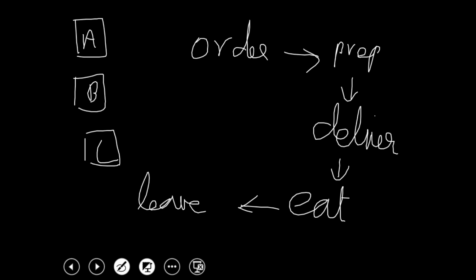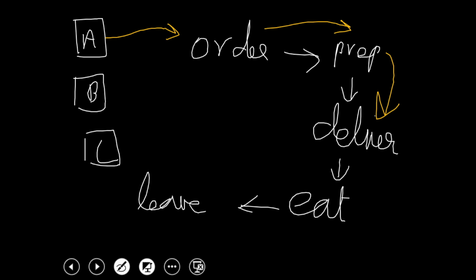Now let us think of a scenario where pipelining does not exist. What happens if pipelining is not followed? Person A comes, orders, and the order gets prepared. By the time B arrives, he will wait, and person A's order will be prepared and delivered to A. By that time C arrives, and he will also wait.